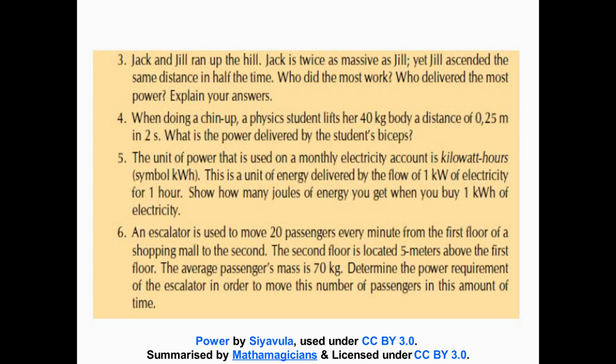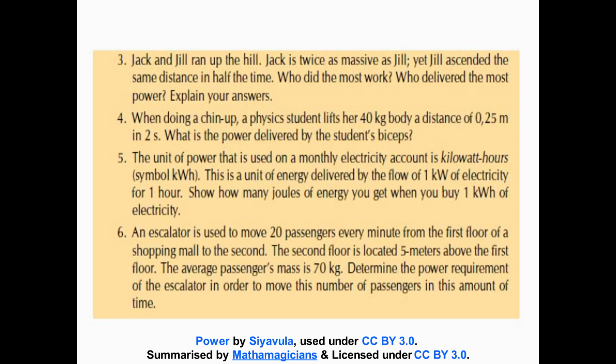They said that they both ran up the hill. They said that Jack is twice as massive as Jill. So that means that the mass of Jack is double that of the mass of Jill. Okay, what else did they say in the question?